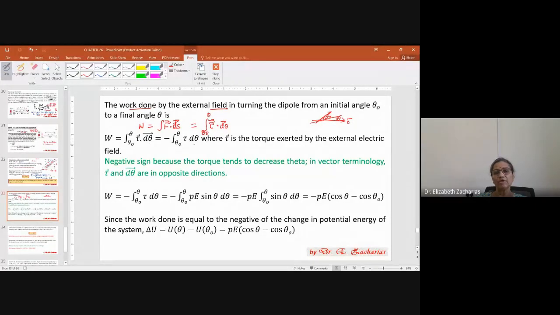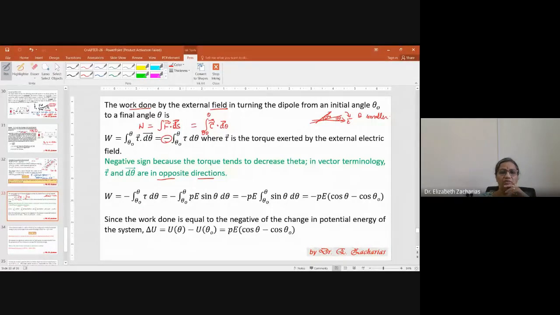This minus is there because the torque makes theta smaller. The job of tau is to make the angle small, so tau and d theta act in opposite directions according to vector terminology. That's why there is a minus here.